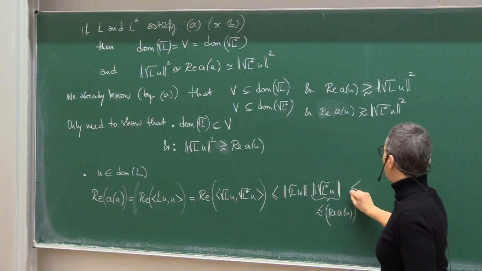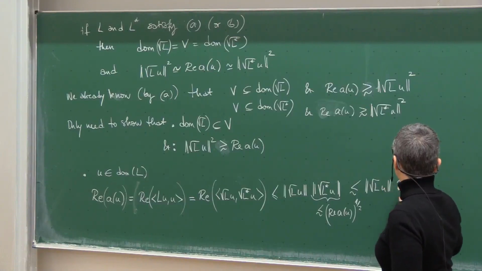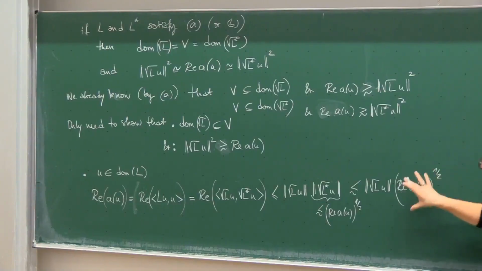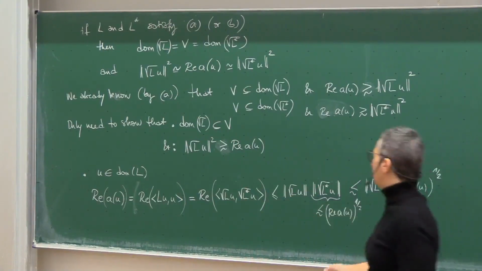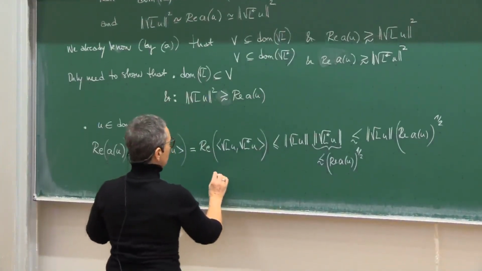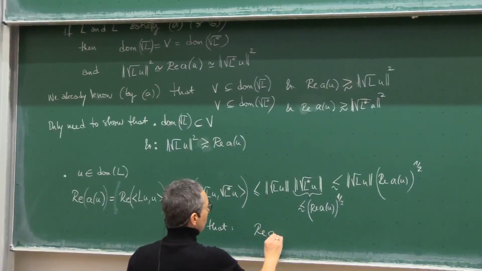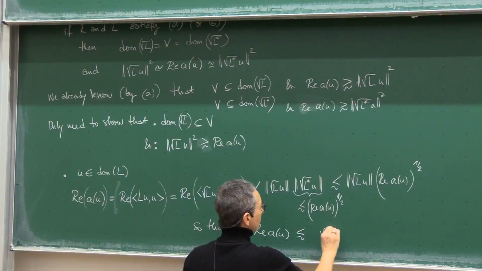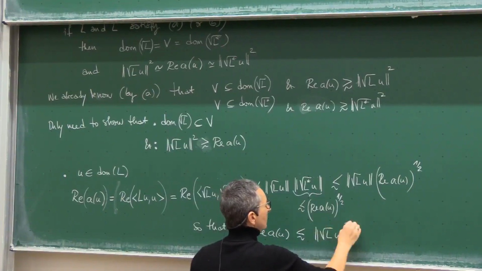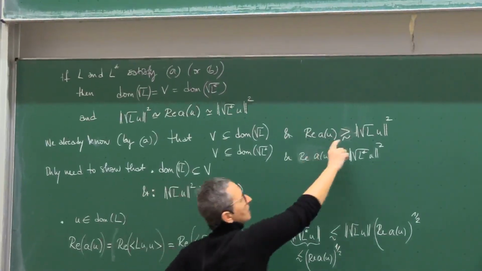Okay, so the whole thing here is controlled by the norm of square root of L u times the real part of A of u to the power 1/2. I put one on the other side, so that at the end what I get is that the real part of A of u is controlled by the square root of L u squared, which is exactly the other way around.